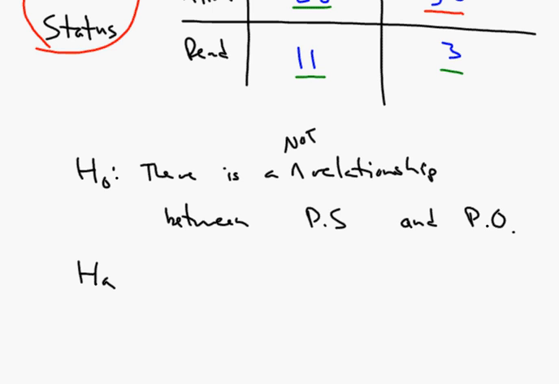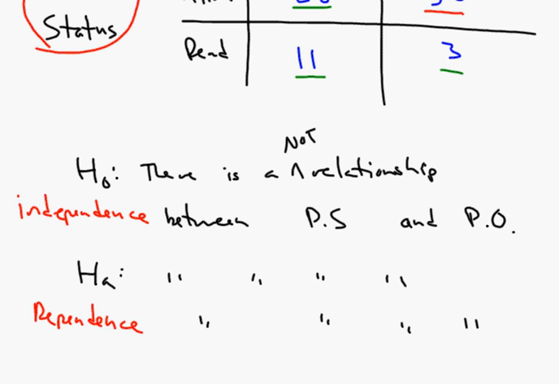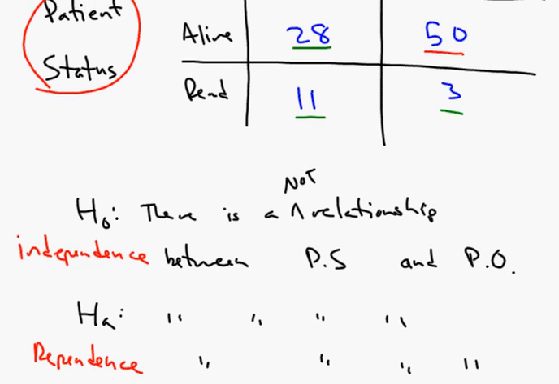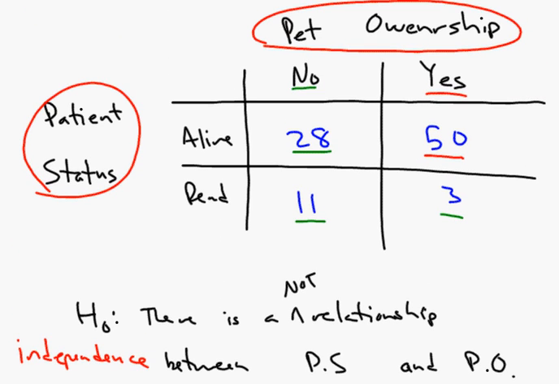In other words, H0 is saying these 2 things are independent of each other. Okay, and then HA is going to be that there is a relationship between PS and PO. All right. So usually in these things, it's H0 which indicates independence, versus HA which indicates dependence. Okay. All right. So this is a chi-square test.